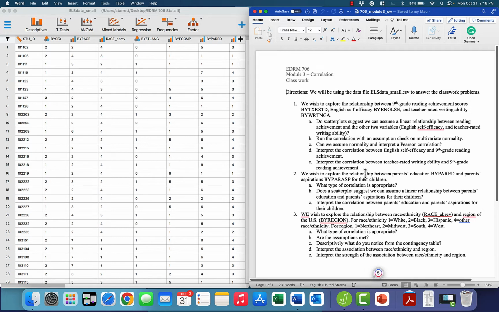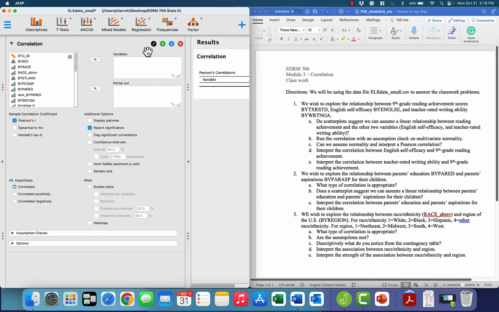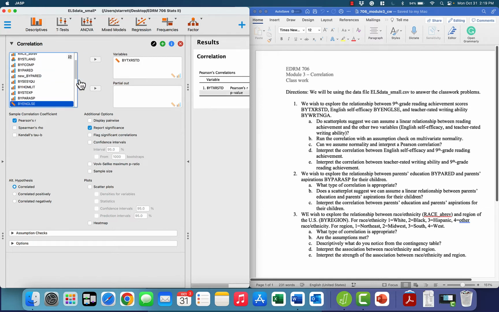All right. And so we know that achievement scores and self-efficacy and writing ability in this data set, they're all continuous variables. So from the get-go here, we are thinking this is probably going to be a Pearson correlation. So let's go to classical correlation, and we are going to put in our reading achievement scores, our English self-efficacy, and writing ability.